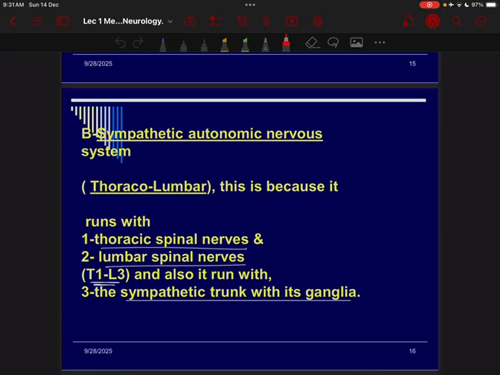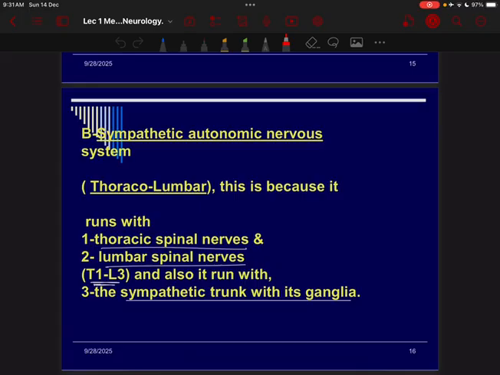So, it runs with the thoracic and lumbar spinal nerves, from T1 thoracic down to L3.